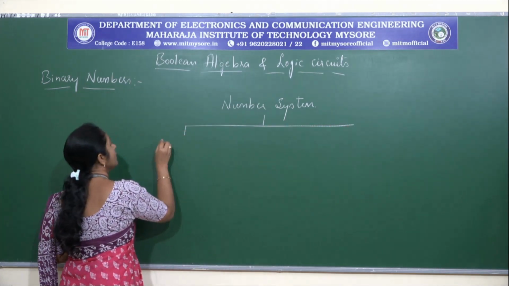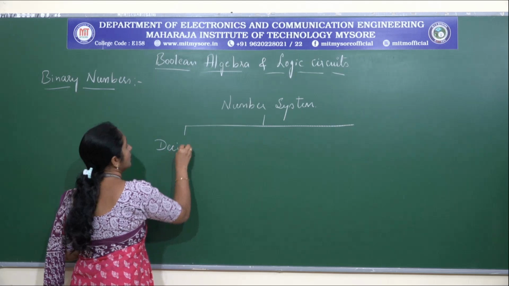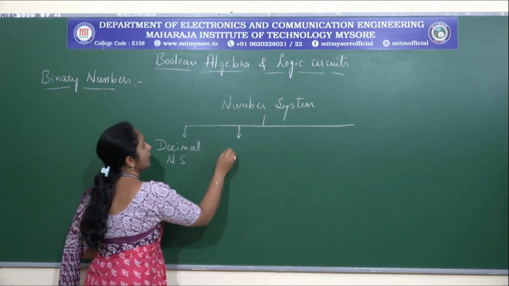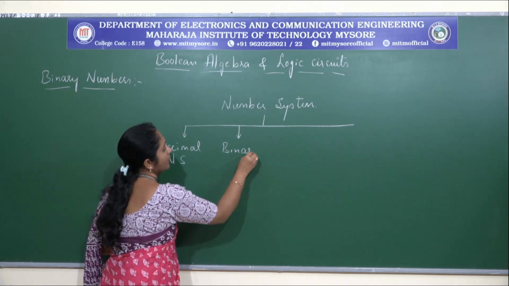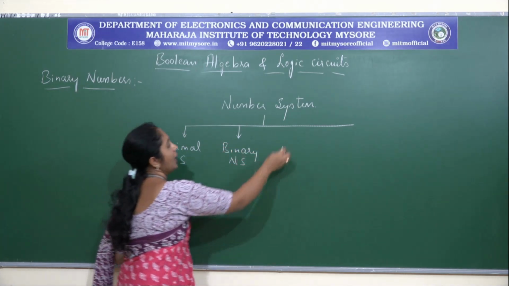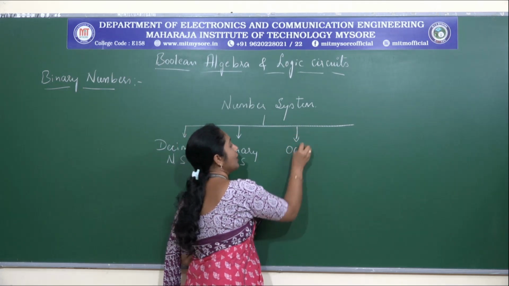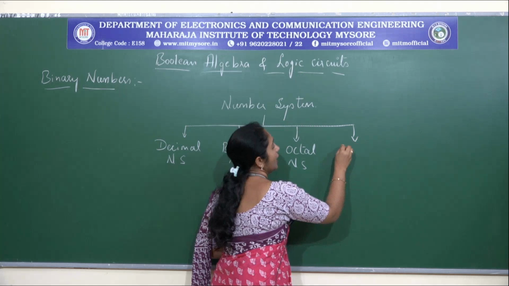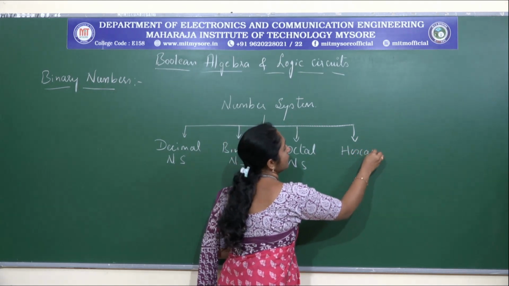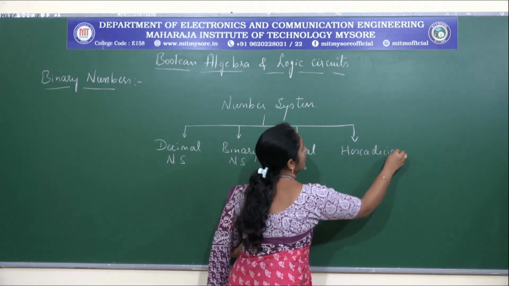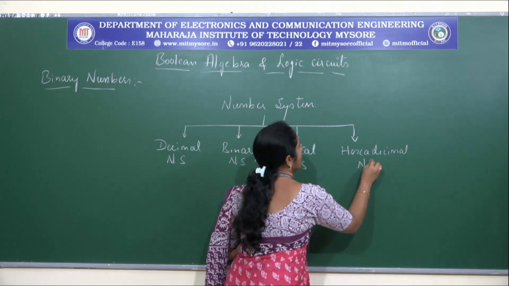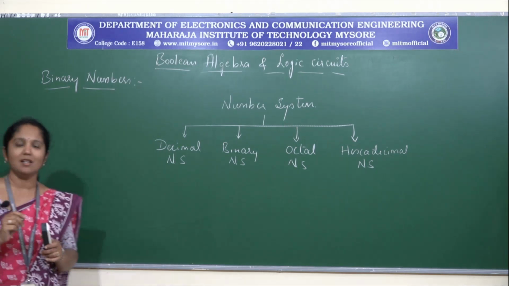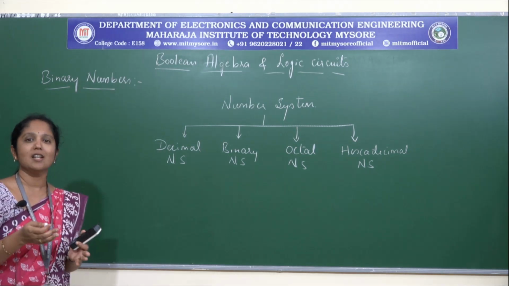In this we have decimal number system, then we have binary number system, next we have octal number system, then at last we have hexadecimal number system. So these are the 4 number systems we usually use in digital logic or in digital language.